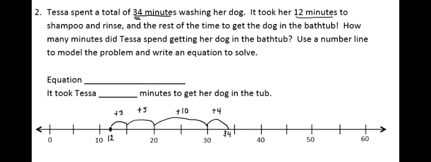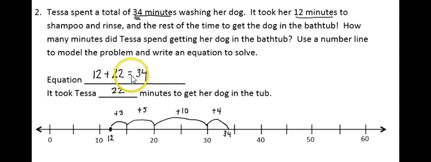Now I just need to add up the number of hops I made. 10 and 4 is 14, plus 5 is 19, plus 3 is 22. It took Tessa 22 minutes to get her dog into the tub. The equation that would go along with that solution would be 12 plus 22, which equals 34.